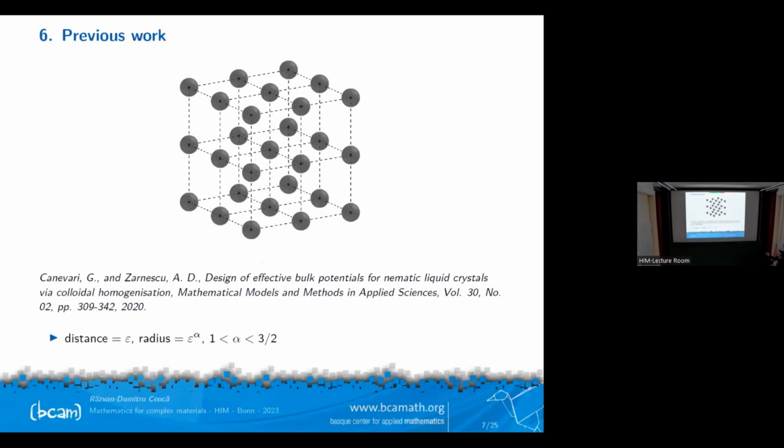Their setting was the following. The distance between each two spheres that they have chosen is epsilon, where this epsilon is the homogenization parameter that we're going to be using. And the radius of each sphere is actually epsilon to the power alpha, where alpha is just an exponent bigger than 1. So essentially the radius of each sphere is smaller than the distance to the other spheres.